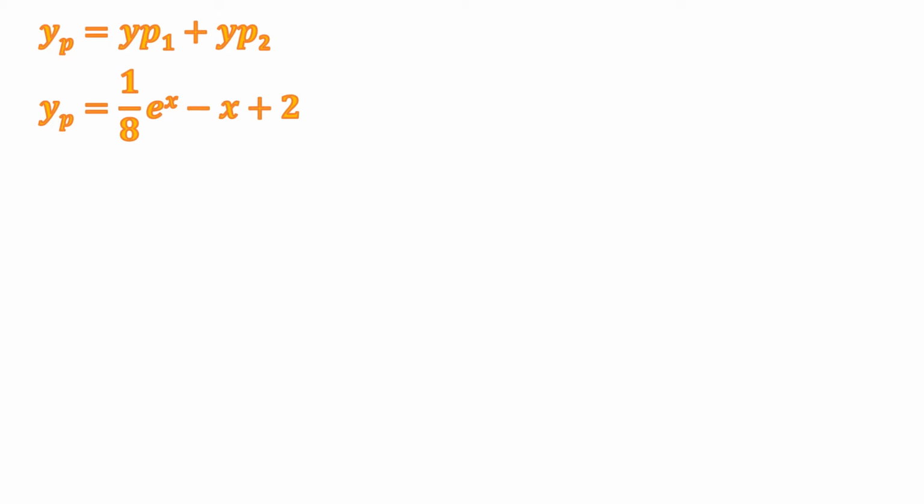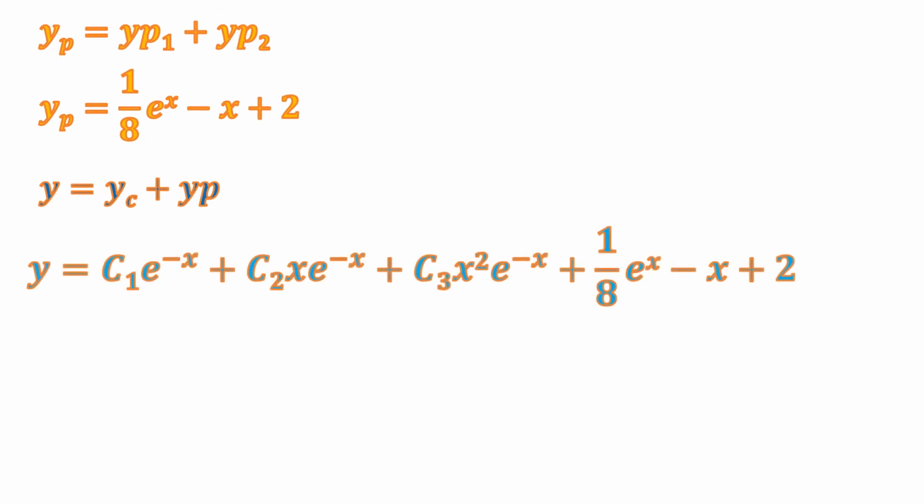So since we have the yp, now we can get the y, the general solution, which is the sum of yc and yp. So y is equal to the yc, which is c1 e to the -x plus c2 x e to the -x plus c3 x squared e to the -x, that's the yc, plus the yp, which is 1/8 e to the x minus x plus 2. And that is the general solution.